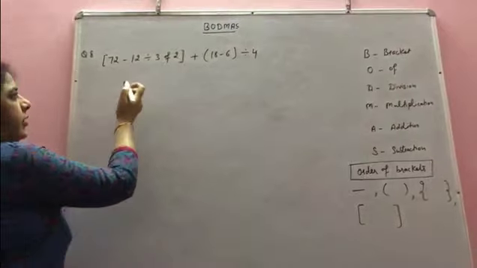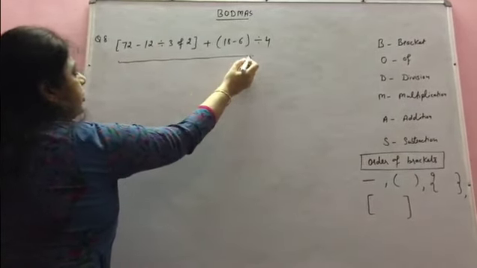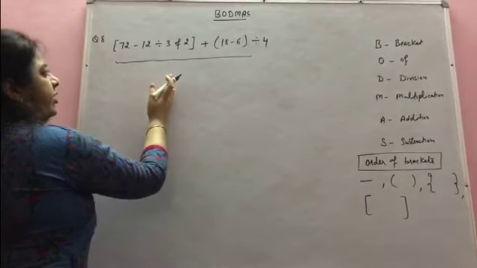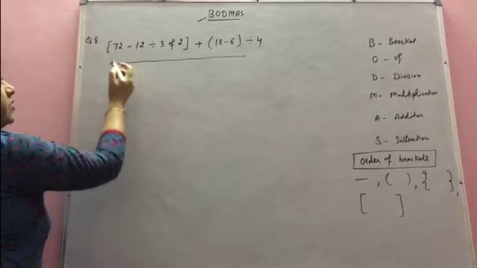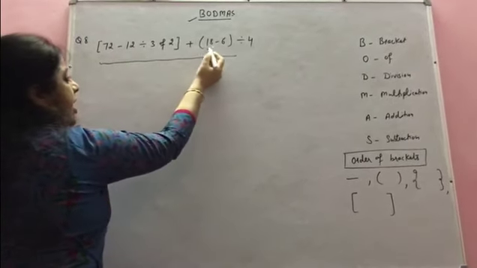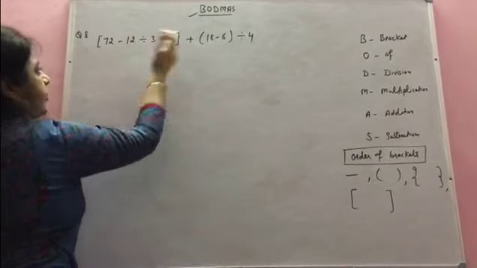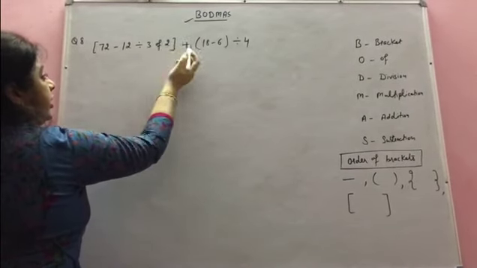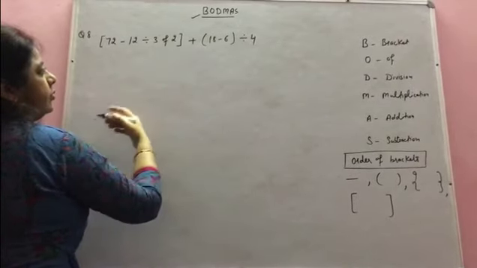Question 8, we have to solve this numerical expression. Any numerical expression we are solving, we have to follow BODMAS. See, first we have here a square bracket and a small bracket, but students, these are separate, not linked to each other. So we can solve them together and separately also.